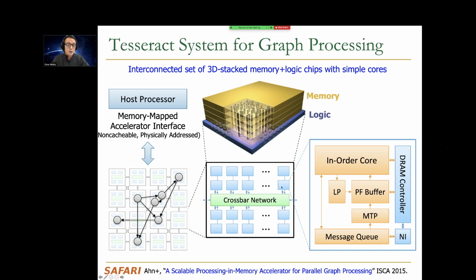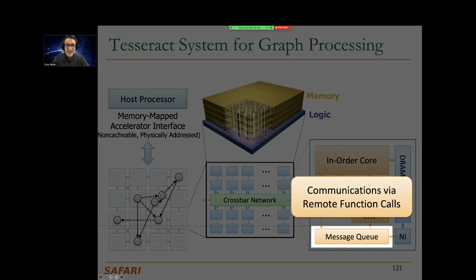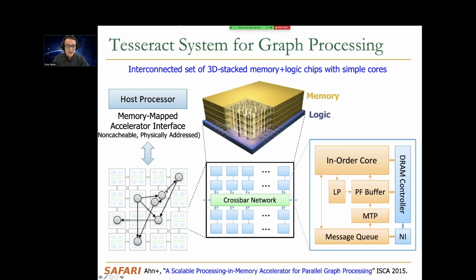What this in-order core does is it controls the memory on top of it, and it can communicate with other cores to do updates on other graph nodes that are stored inside different vaults in the same hybrid memory cube or across different cubes. So the programmer lays out their graph, hopefully nicely, so that they can minimize the data movement across the cubes. And then they communicate via remote function calls.